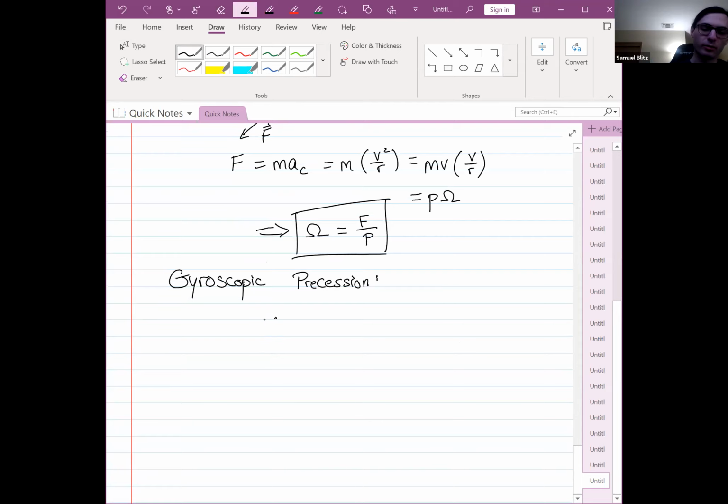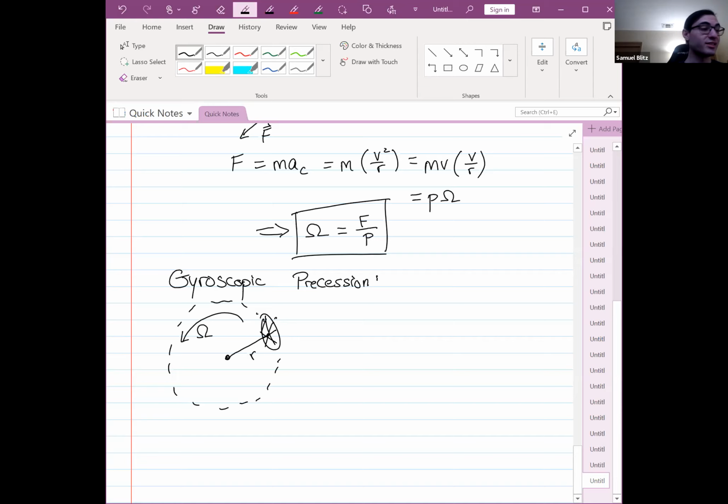That's a terrible wheel. Going around a circle. It's attached to a central post. Traces out a circle at some rate capital omega.